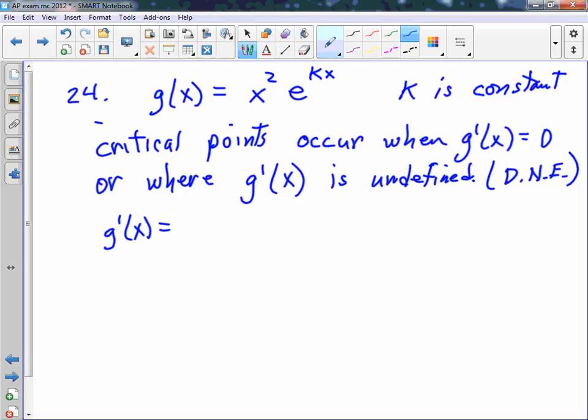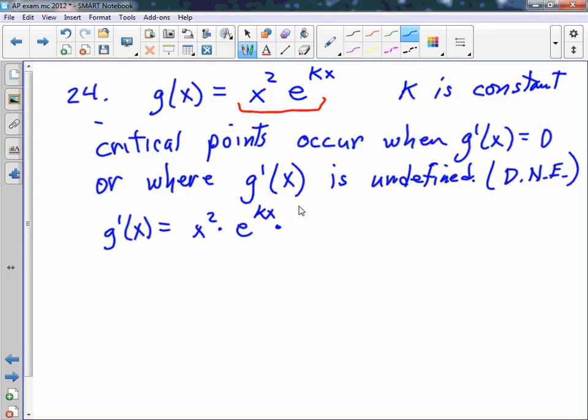What does that equal? Well, what's happening here? Need a product rule, exactly. So g prime of x then is equal to x squared times the derivative of the second, which is e to the kx chain rule, times what? Think easy.